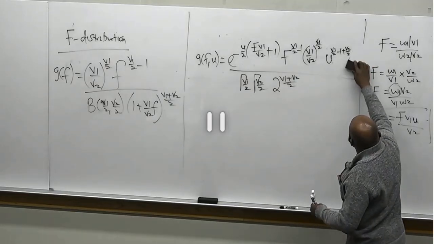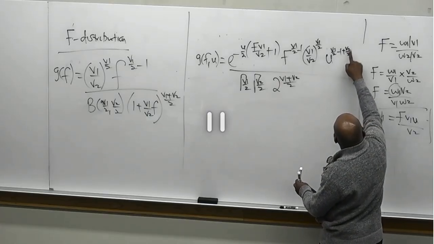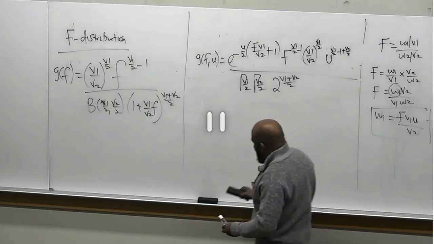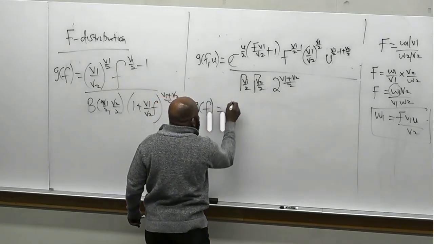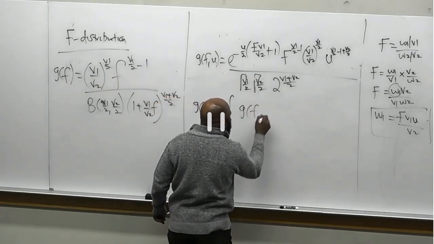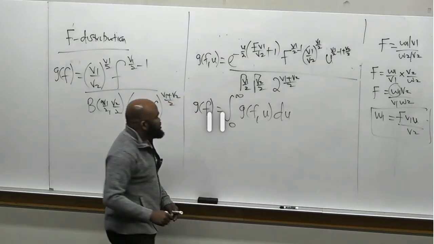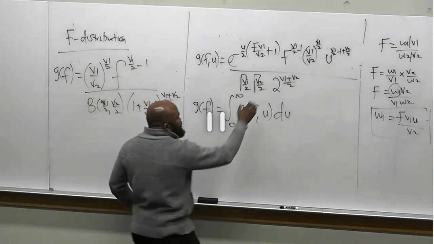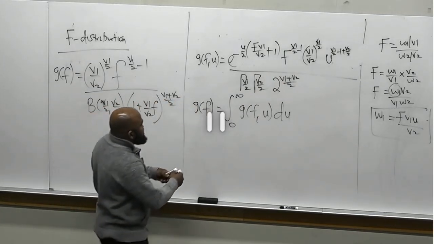Then V over 2 minus 1 plus V over 2 divided by that. Now, this is what we have. The next is, what is my G of F? My G of F is the integral of G of FU du, from 0 to infinity. I want to perform an antiderivative on this, without wasting my time.